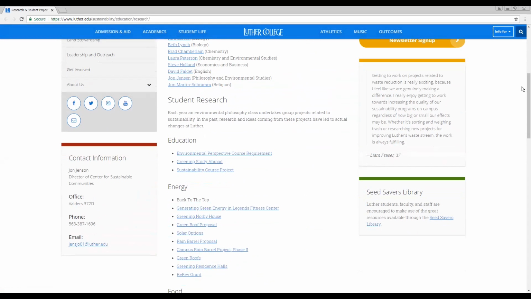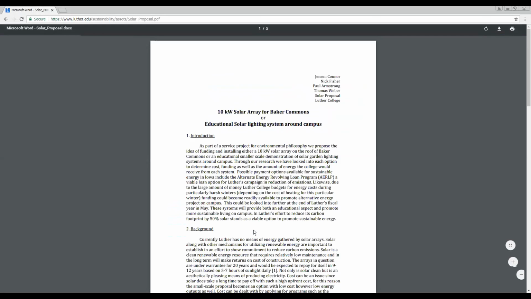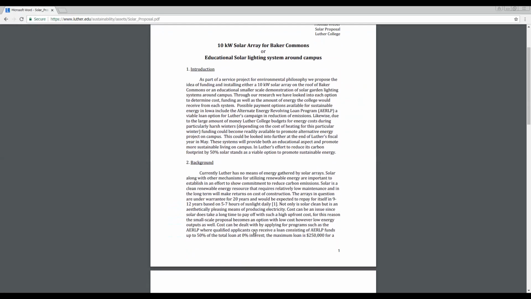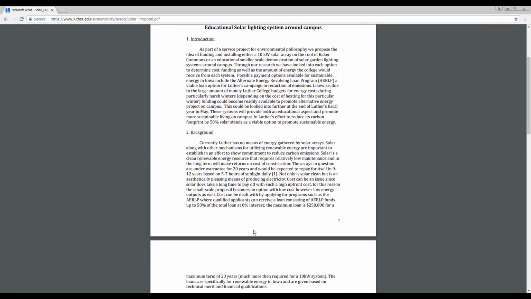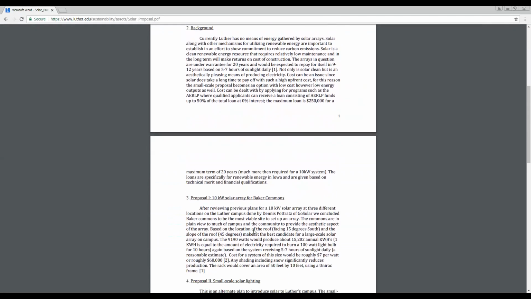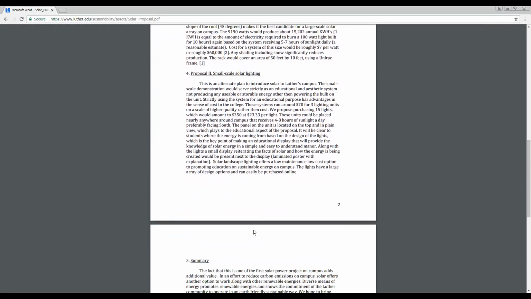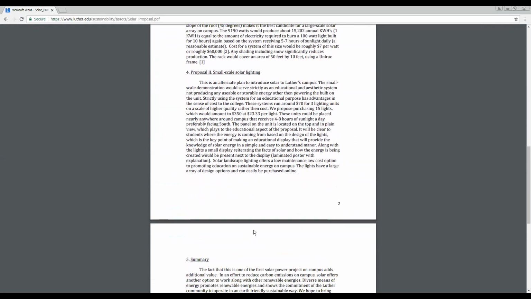Oh my God, it's 3:50. Okay, in this website that I found, you can find energy projects made by students like you, like this solar options project. So you see a proposal, because it's pretty much what I'm asking you for. This one was educational solar lighting systems around campus. So there was an introduction, a background, what is the need for that, and what they are proposing, okay? So this is kind of an example of what I'm expecting from you at the end of the project.